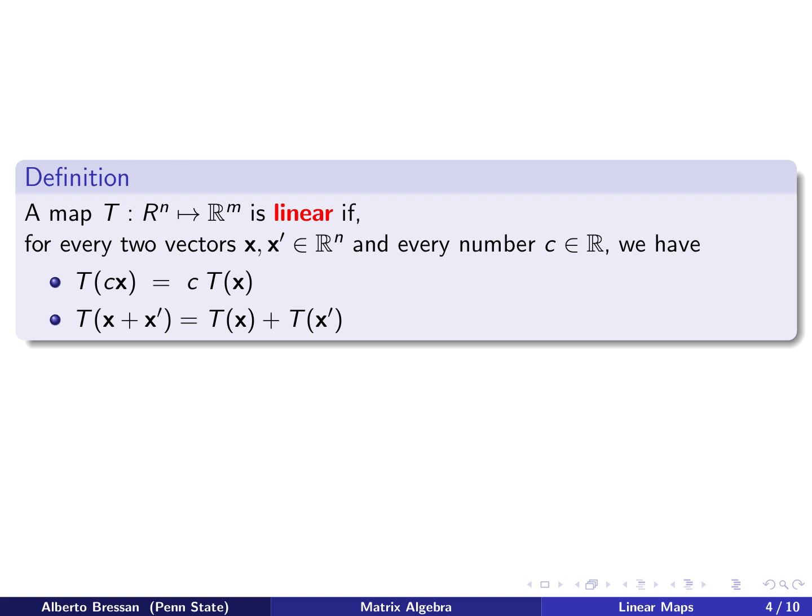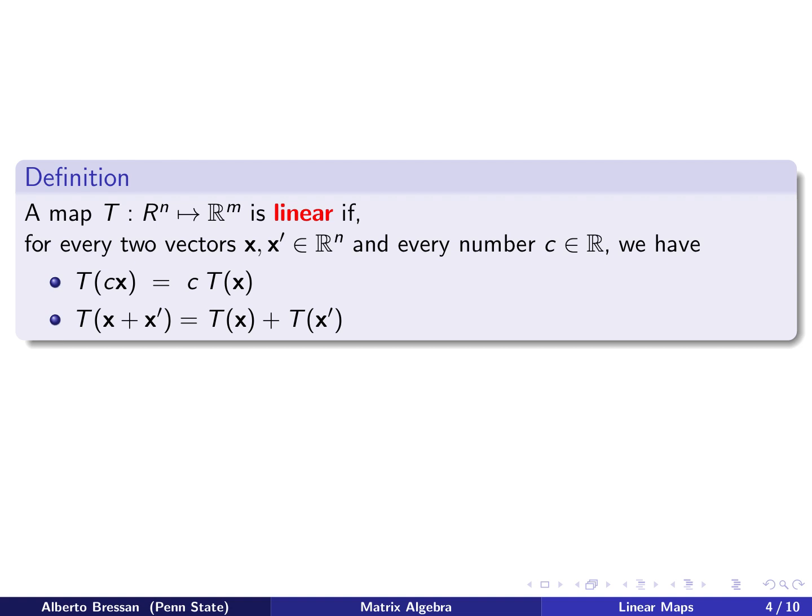Okay, so one important concept that we encountered here is when we called a mapping linear. Let's take a closer look at it. Let's recall the definition for a linear map.